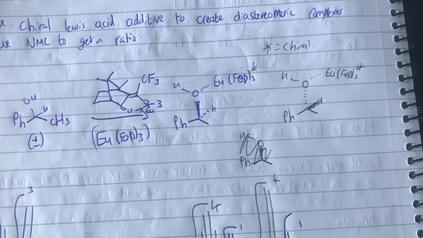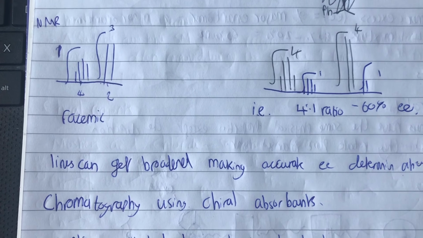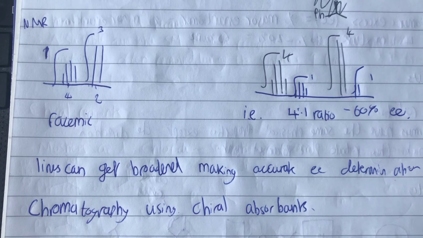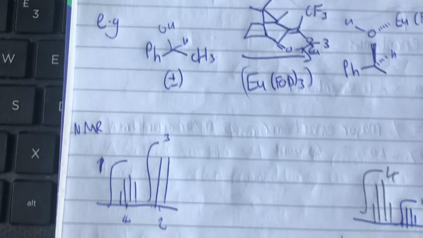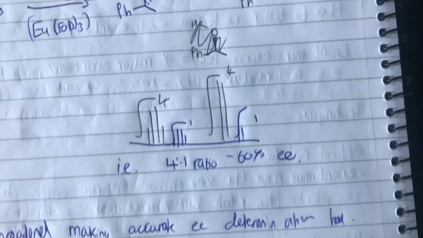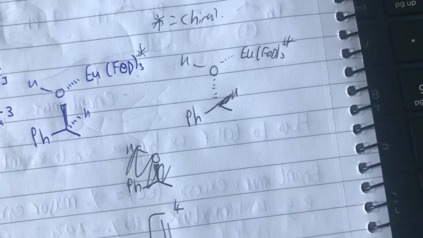enantiomers. If we look at the chiral mixture, that's the racemic mixture just on the left there, which is that one up there, and this is when we've got a 4:1 ratio, e.g. 60% EE. So that's what we make.